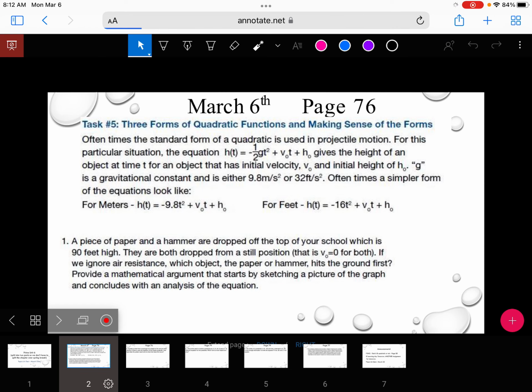What is my initial velocity? How fast? 0, because I'm not throwing it. I'm just going to drop it. So my v naught is 0 times t. Plus, what is its height at the start? What is h naught? 90.